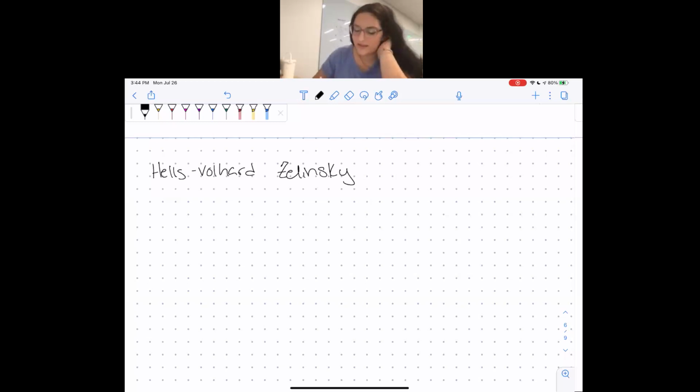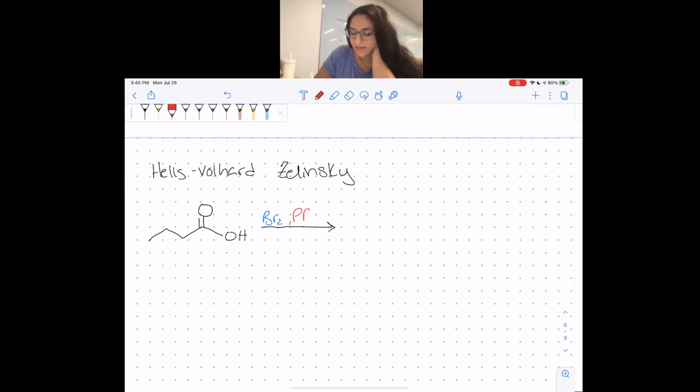I don't know why that is, but add in this one that I'm drawing right now. So we're actually starting with a carboxylic acid this time. And we have Br2, and we have PBr3.